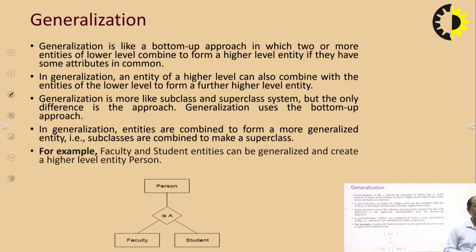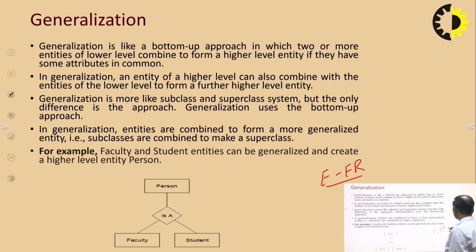Right. Further, we move on to 3 main topics that can be included in an ER diagram, which is called the extended ER diagram. What is an extended ER diagram?